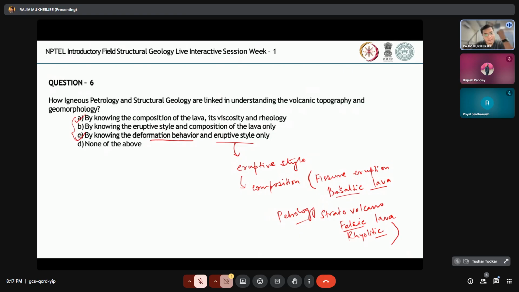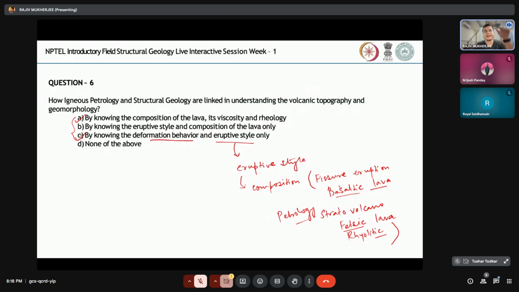Because we need to know the composition of the lava. That's how the petrology will be linked, and by knowing the composition of the lava we can say its viscosity and rheology, and just by looking into the structures in the field we can say about the deformation behavior from the different volcanic structures, and obviously the geomorphology will be giving us the eruptive style, right?